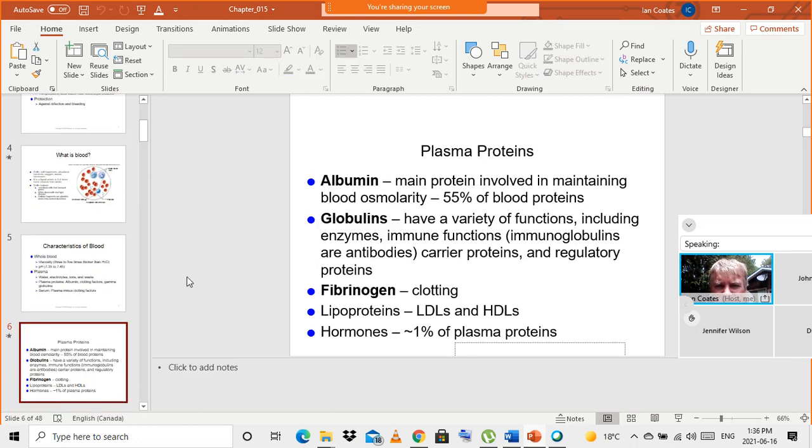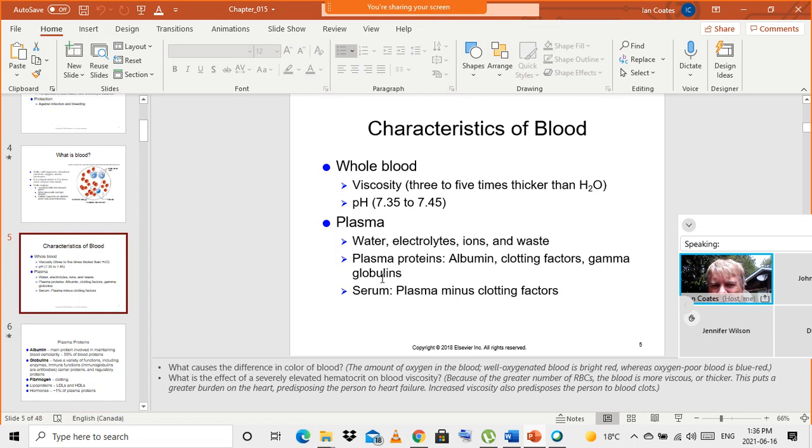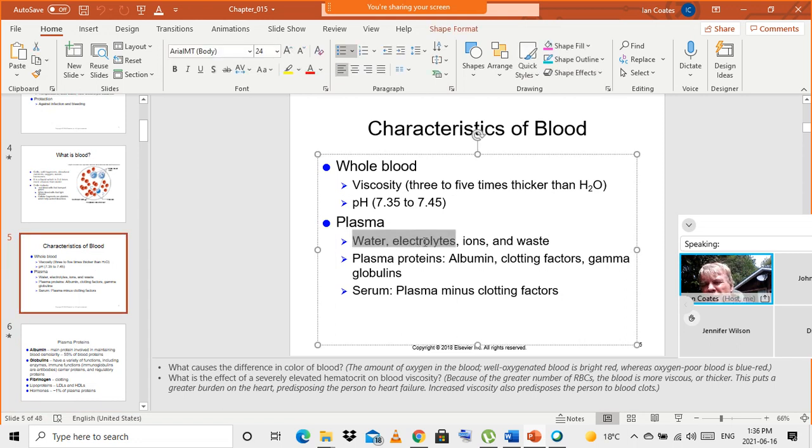I want to go back to here. So your plasma is mainly composed of water, electrolytes, ions, waste, plasma proteins, albumin, clotting factors, fibrinogen. You remember that?